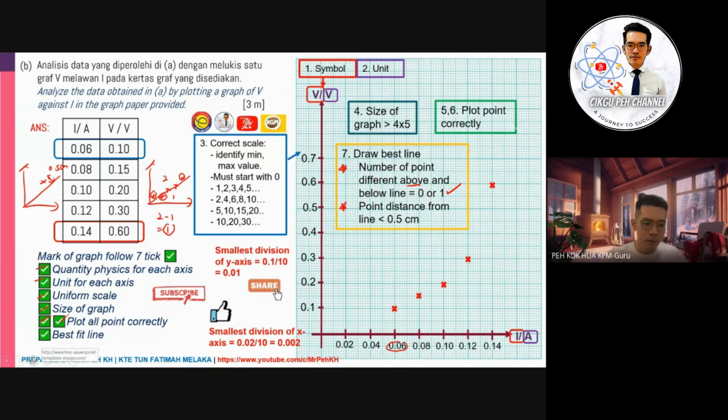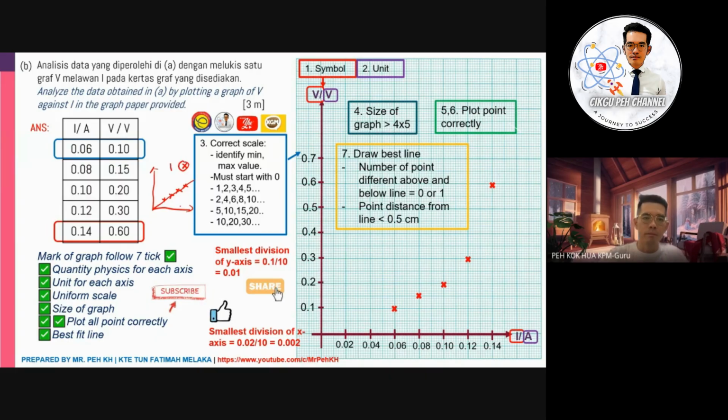For example, here although you get 4 points on the line, one point is very far away. Although above is 1 point and below is 0, 1 minus 0 is 1, so it fulfills the first requirement, you can see the distance is very far, so it is more than 0.5. So this one is also not considered a baseline.